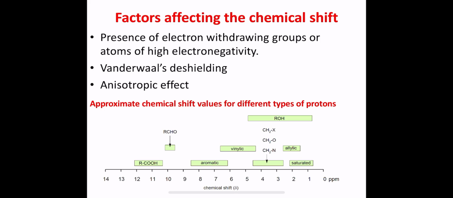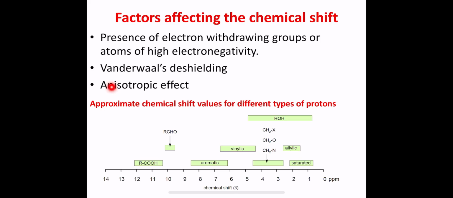The electron clouds of the surrounding groups produce a deshielding effect. The signal from such a proton shifts towards the higher frequency region, and this is what is called van der Waals deshielding. But this effect occurs only to a negligible extent. We will not observe much of a van der Waals effect; it is observed only in very negligible cases.